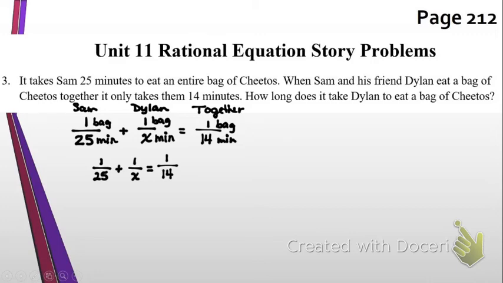What should my LCD be? I heard 25 times what? Times x times 14. That's what I multiply each and every fraction by.